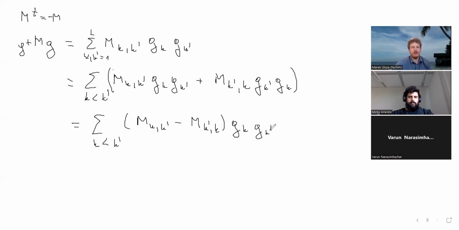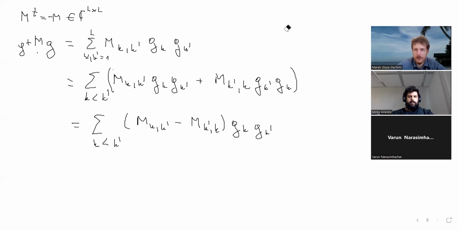So if you take a matrix, it can be any matrix L by L, then creating a quadratic form, you can take the antisymmetric part of the matrix. That's something that a Grassmann quadratic form does.